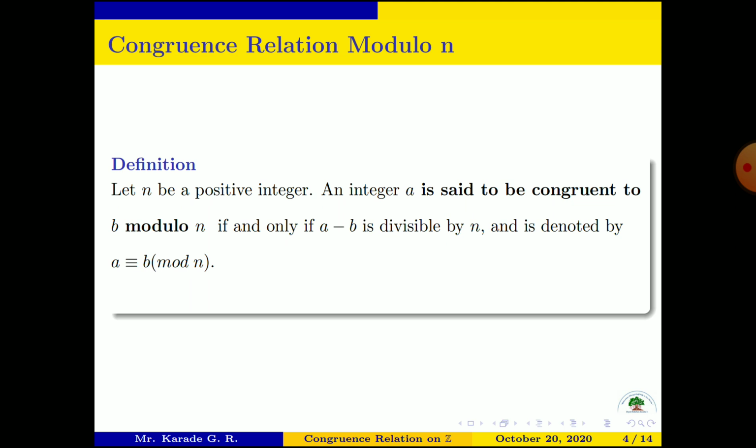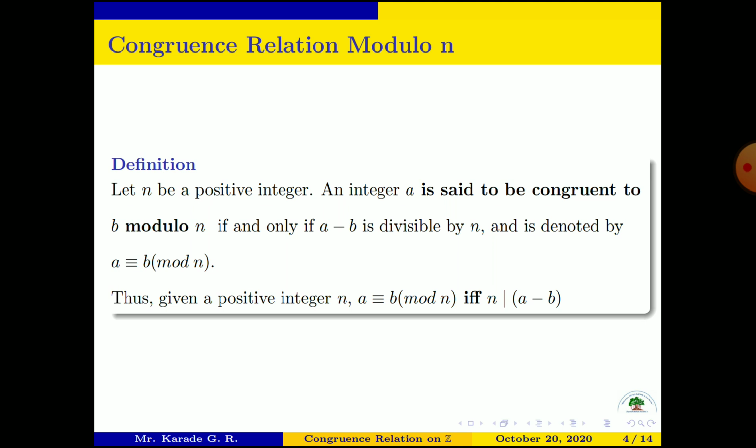Okay, so it is denoted by a is congruent to b mod n. Thus given a positive integer n, a is congruent to b modulo n if and only if n divides a minus b.